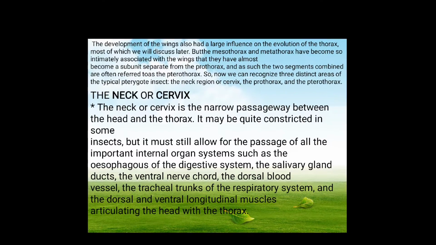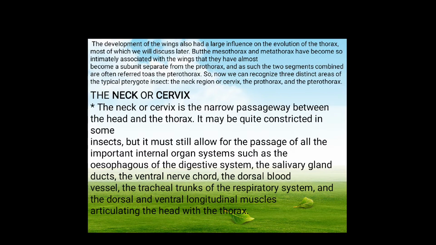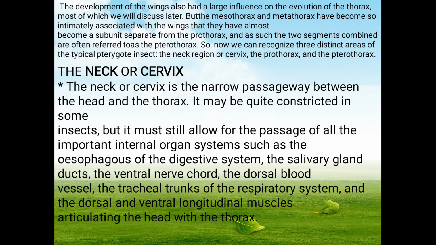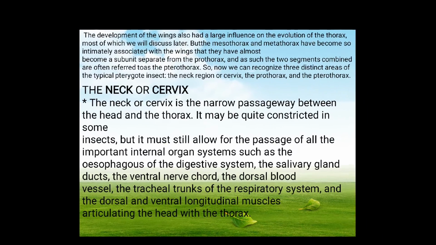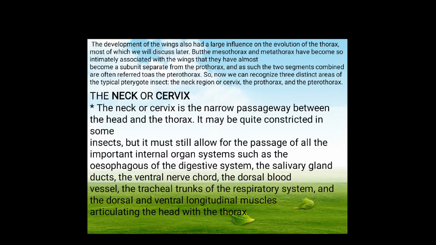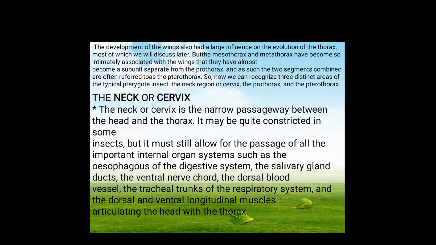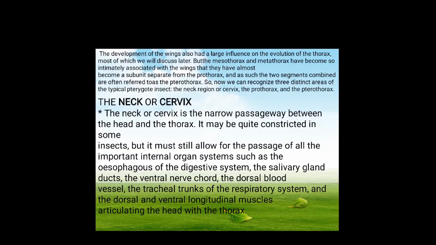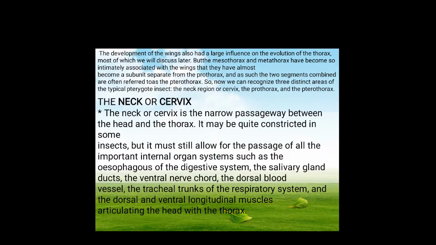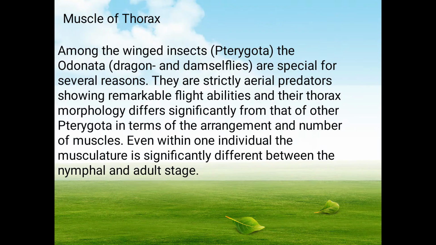It may be quite constricted in some insects, but it must still allow for the passage of all the important internal organ systems such as the esophagus of the digestive system, the salivary gland ducts, the ventral nerve cord, the dorsal blood vessel, and the tracheal trunks of the respiratory system, and the dorsal and ventral longitudinal muscles articulating the head with the thorax.